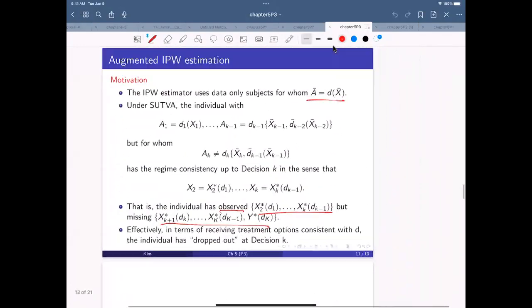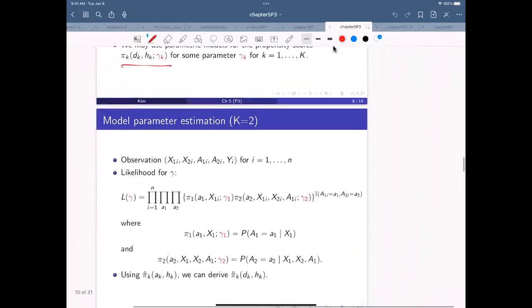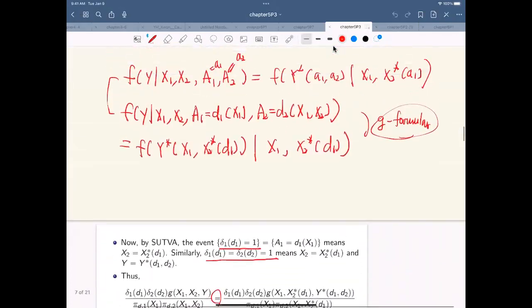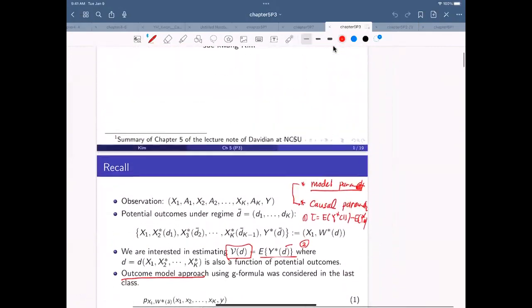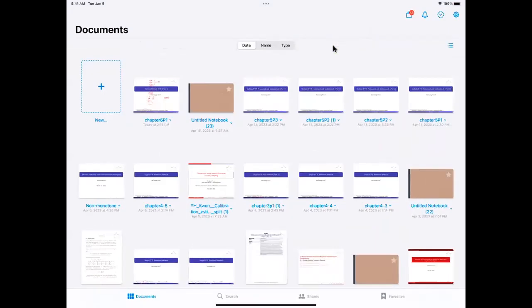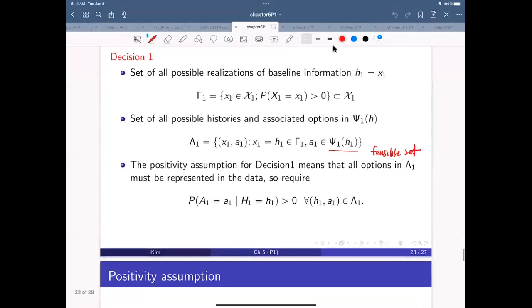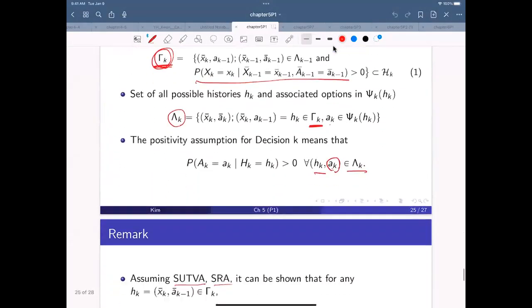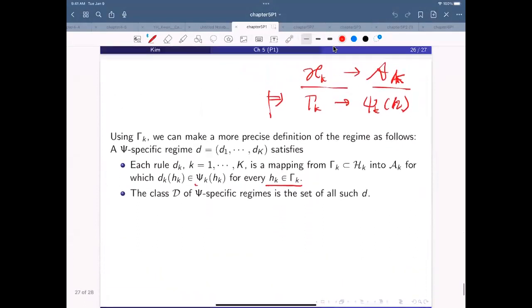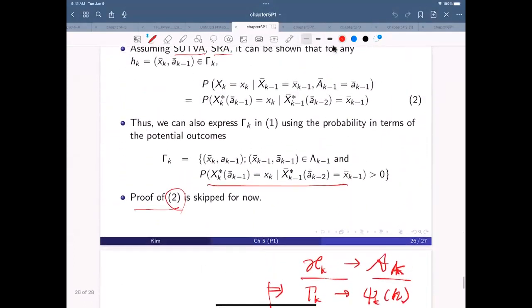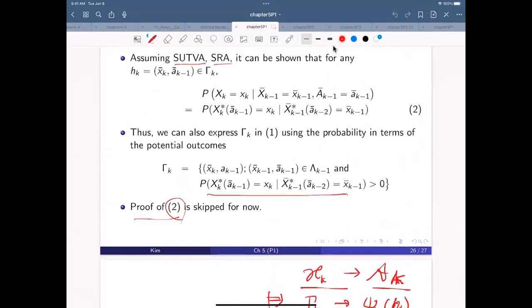Maybe the previous one. It's basically feasible sets, right? Feasible set of the options.